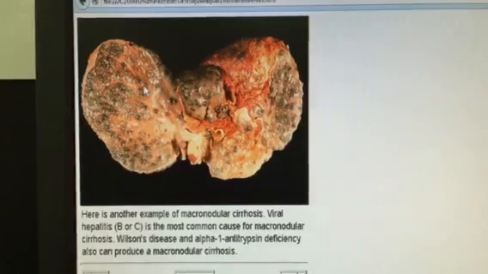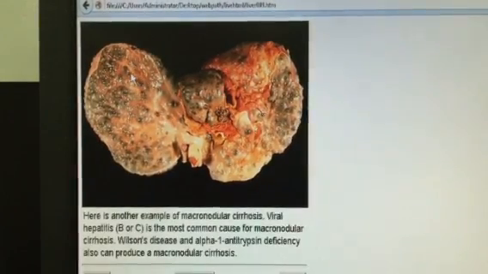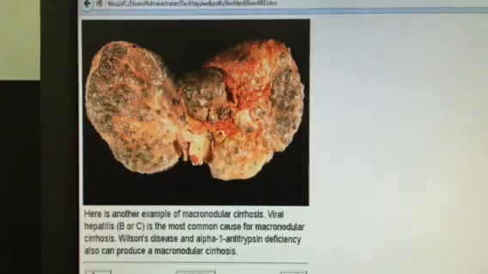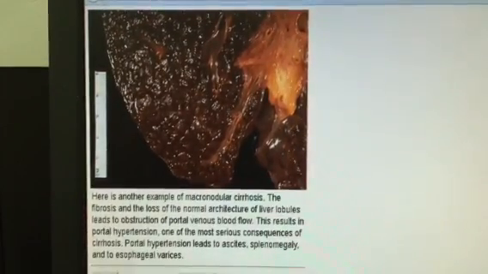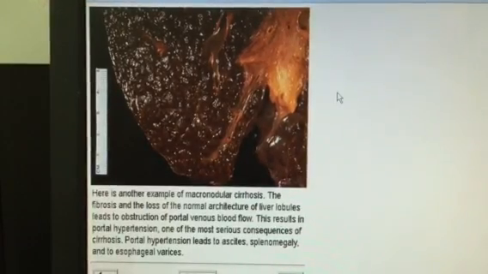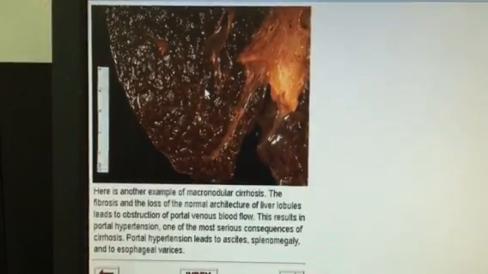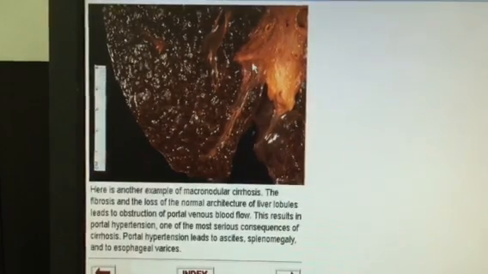Again, here we have another example of macronodular cirrhosis of the liver. The most common cause of cirrhosis is viral hepatitis B and C. This is also, again, macronodular cirrhosis, and fibrosis is seen that is disturbing the architecture of the liver lobules.